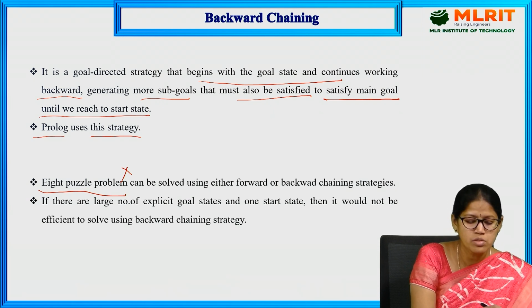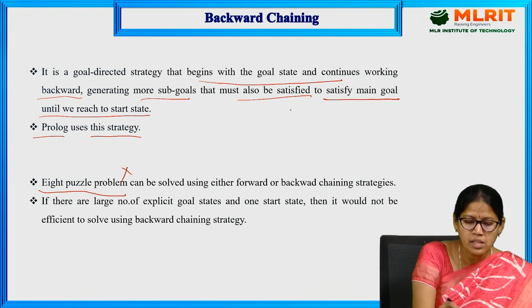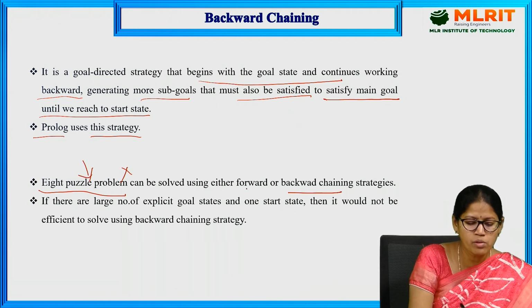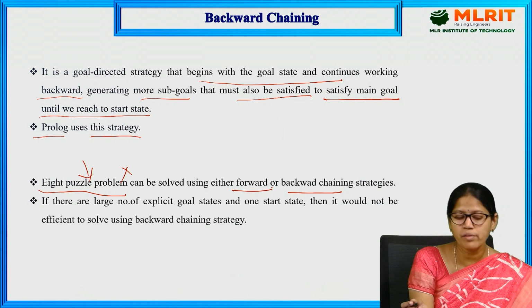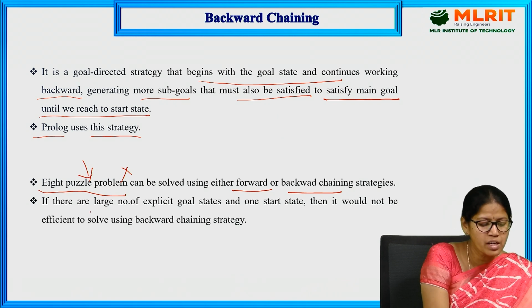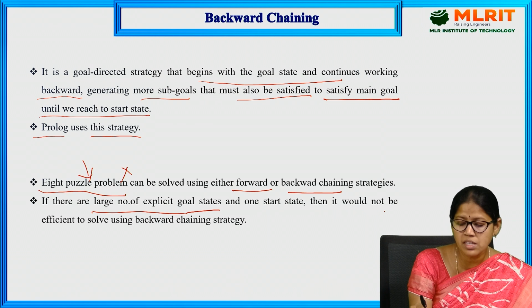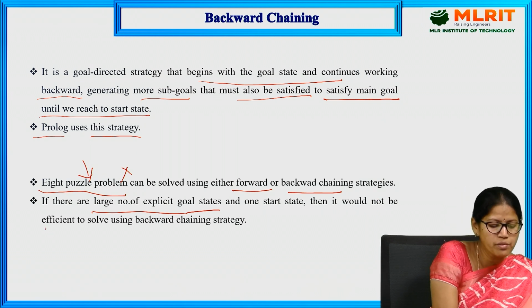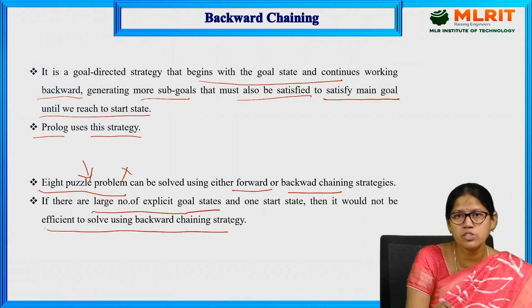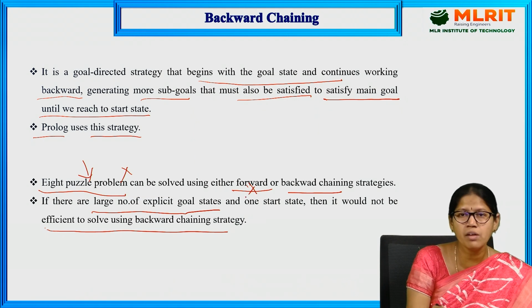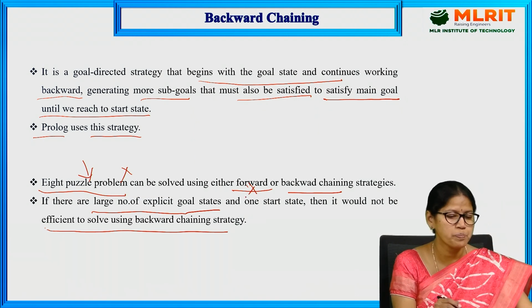So rather than applying backward chaining to this 8 puzzle problem, we can directly go with forward chaining. If there is a large number of explicit goal states and one start state, then it would not be efficient to solve using the backward chaining strategy. That is one of the drawbacks of this strategy.